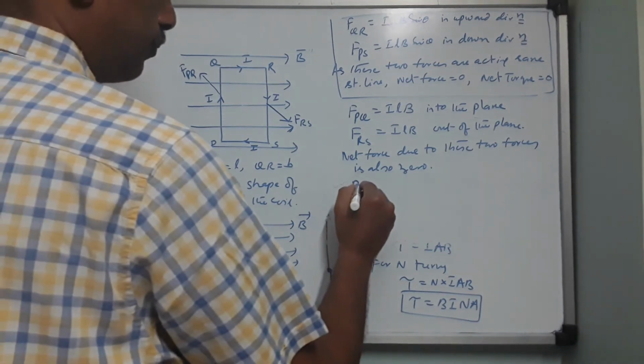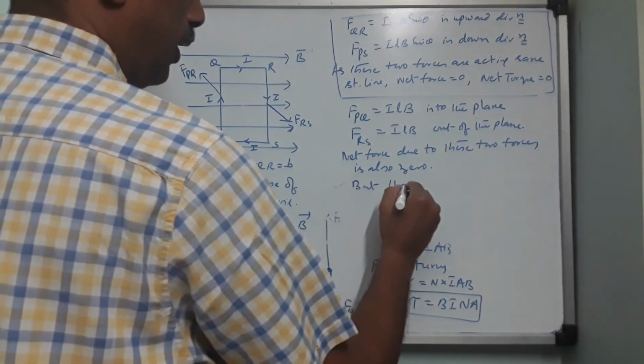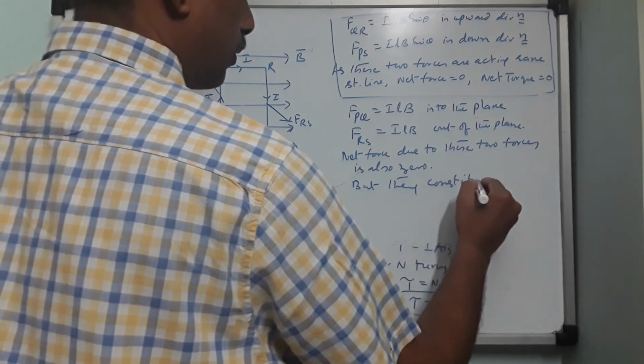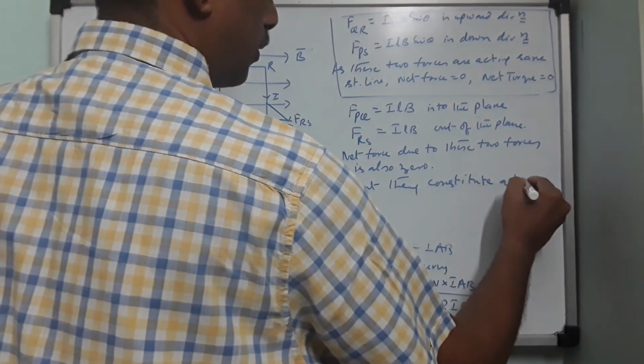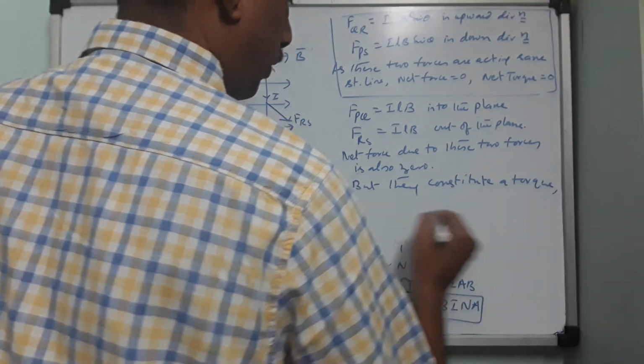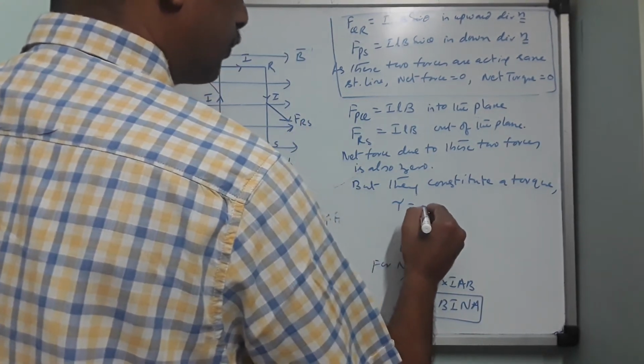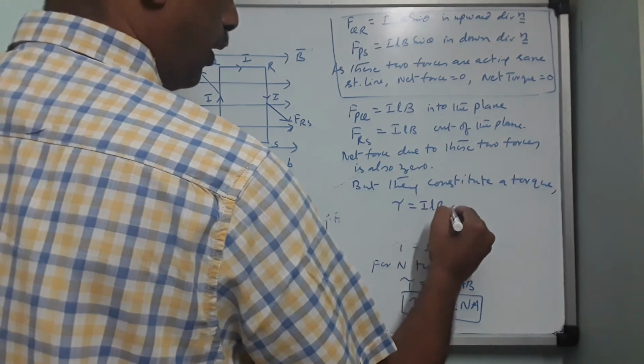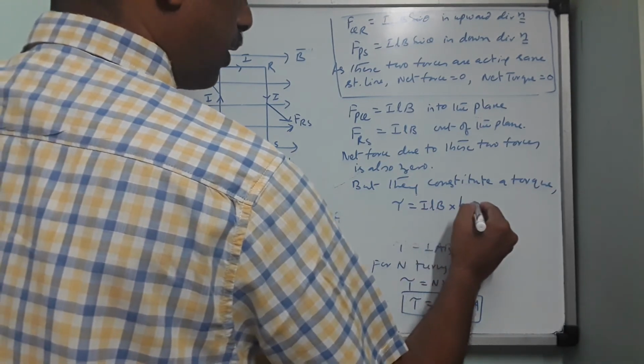But they constitute a torque, given by tau equals force ILB into perpendicular distance B cos theta.